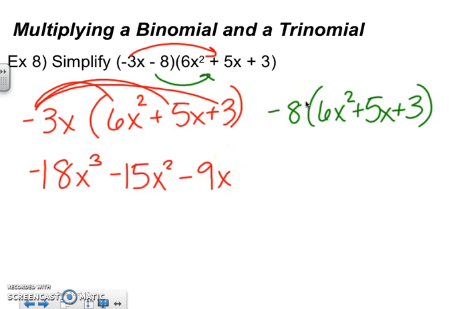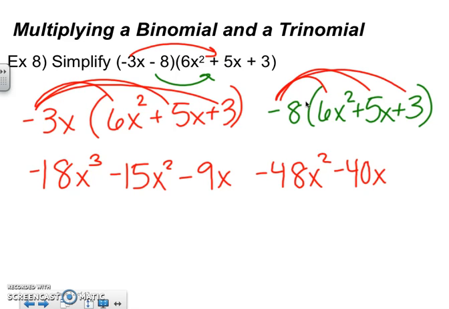So come over here. Negative 8 times 6 is negative 48, and I tack on that x squared. Negative 8 times 5 is negative 40. Tack on that x. And then negative 8 times 3 is negative 24. Once you have all of those terms, now we just have to combine like terms. We're going to start with the x squareds.